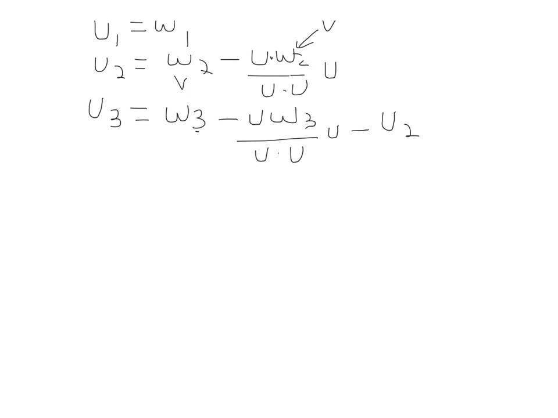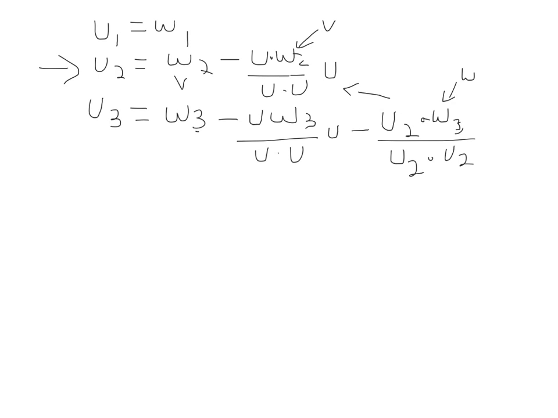u2, which is the result that you got in the second line, times dot product w3, so the third vector, this is vector w, over u2 times u2, and so that's u2 dot u2, which is the resultant vector that you got right here.